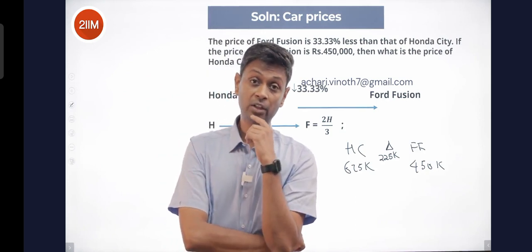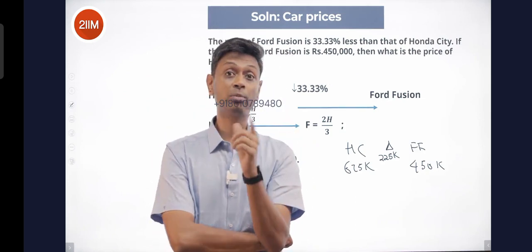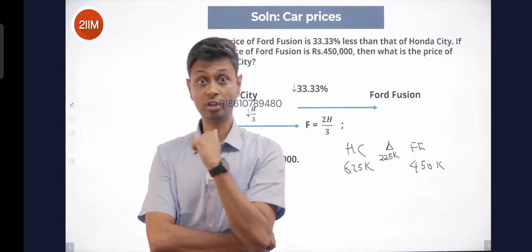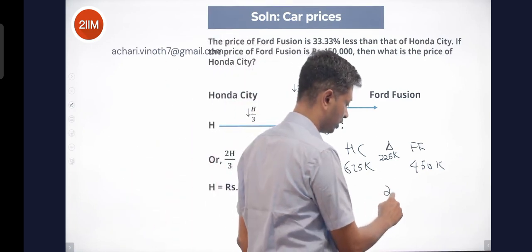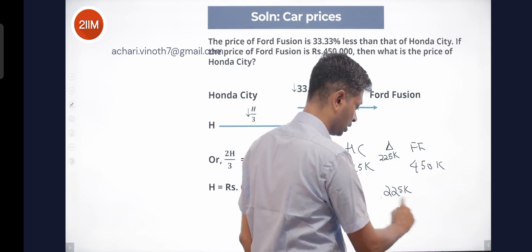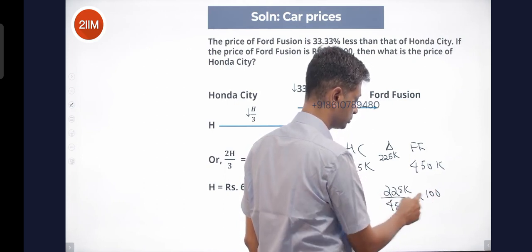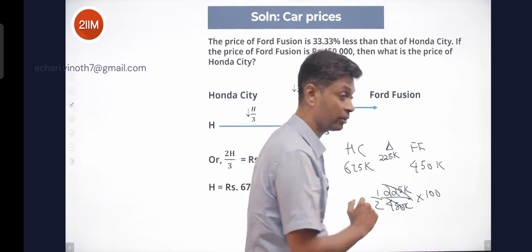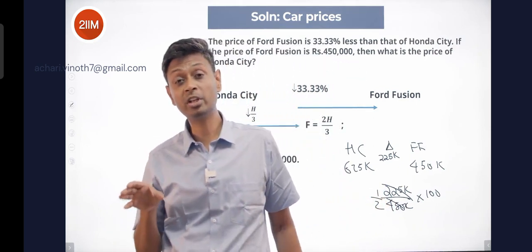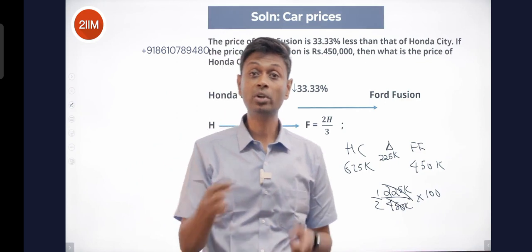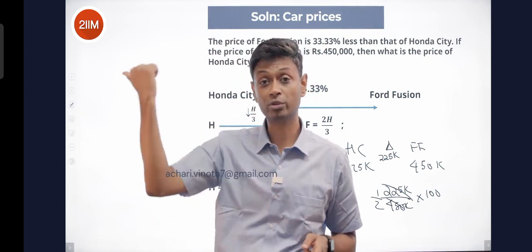That's correct. You have to say Honda City is 50% more expensive than Ford Fusion. Why 50%? Where did that come from? That will be 225K divided by 450K into 100, 1/2 into 100, 50%. Ford Fusion is 33.33% cheaper than Honda City, which means Honda City is 50% more expensive than Ford Fusion.